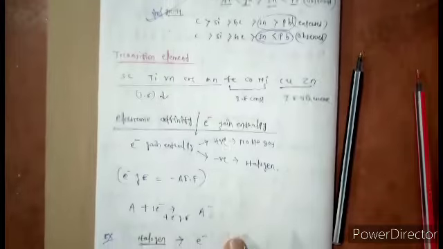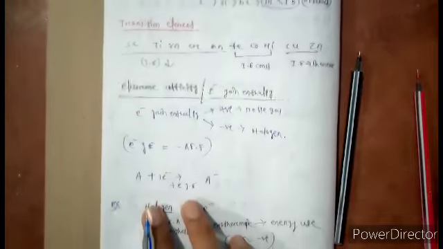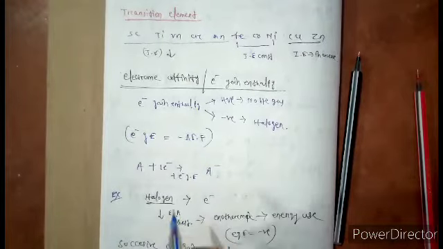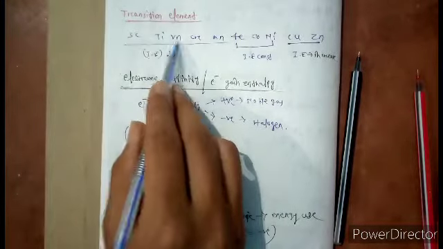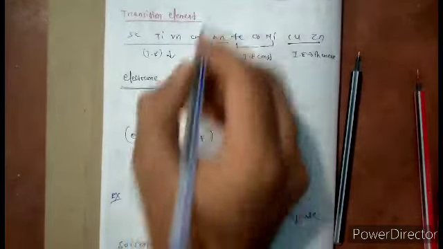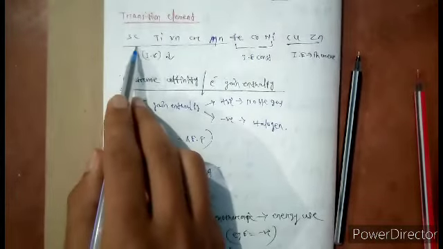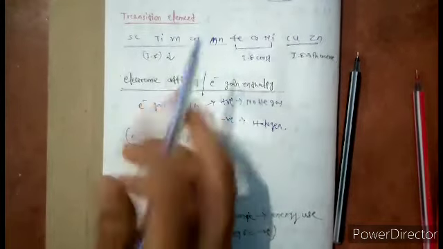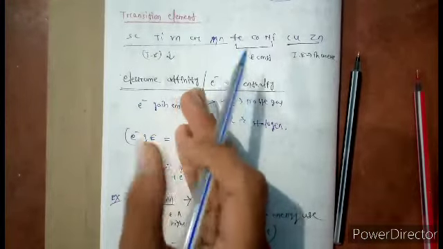Then come to transition elements: scandium, titanium, vanadium, chromium, manganese. First of all we have to remember from scandium to manganese.